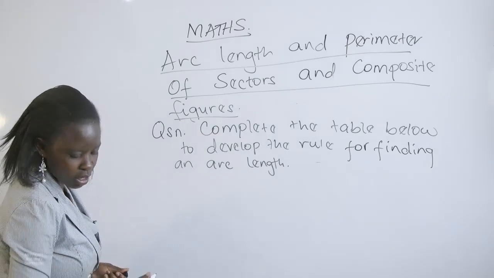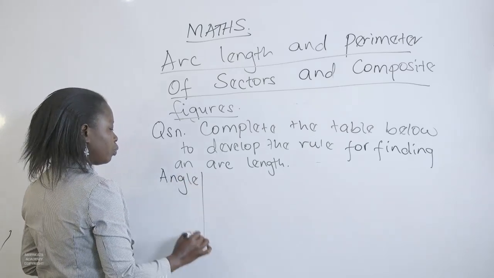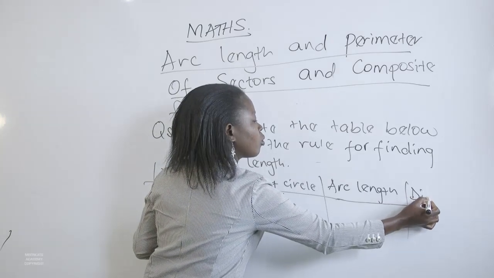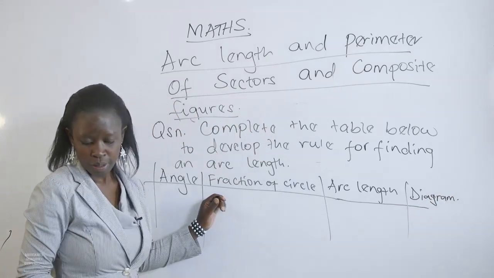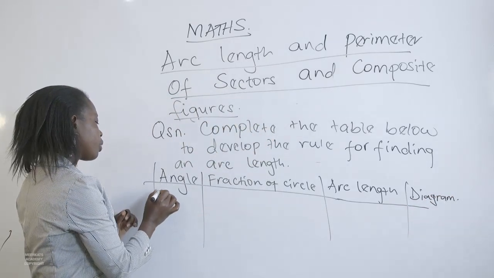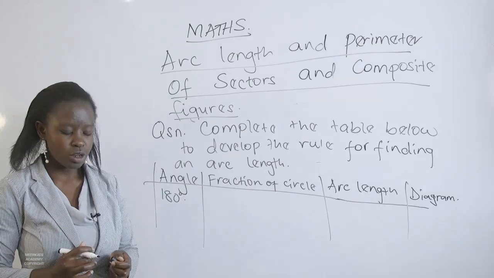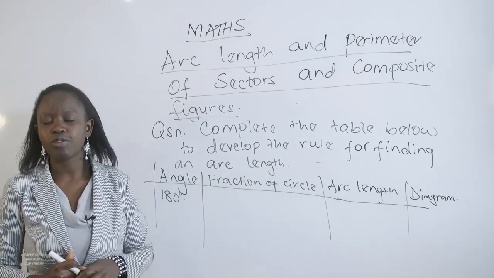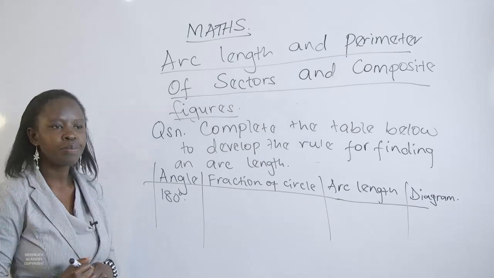So the first one we have is an angle of 180 degrees. We need to know what fraction of the circle is being represented by 180 degrees.